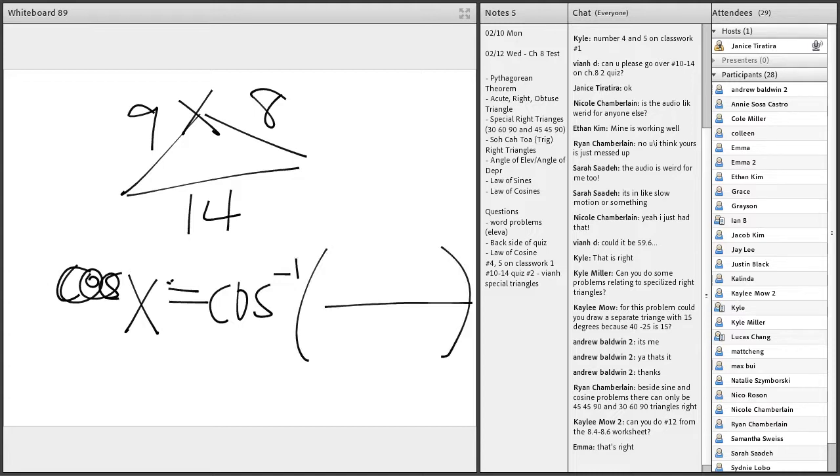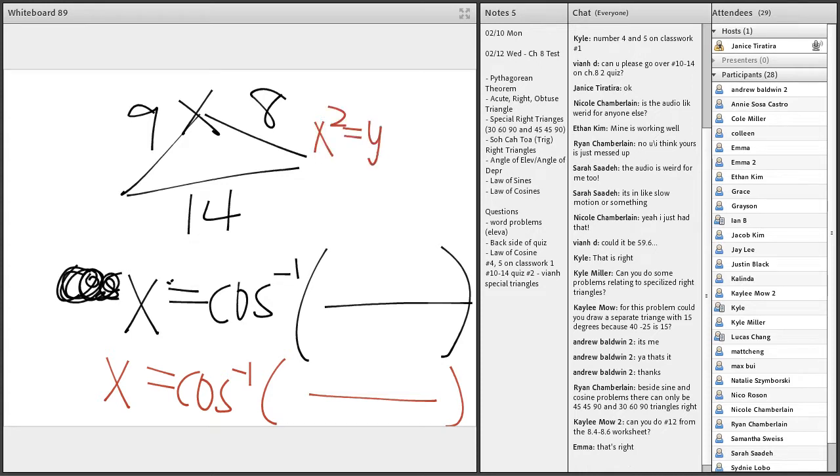So just kind of think about it. I'll give you about a few seconds. What would you enter in there? You don't have to calculate the answer. And it might be different from other classmates.